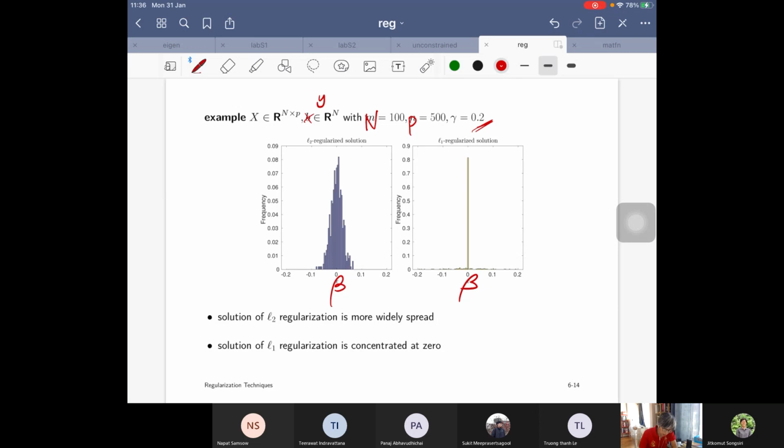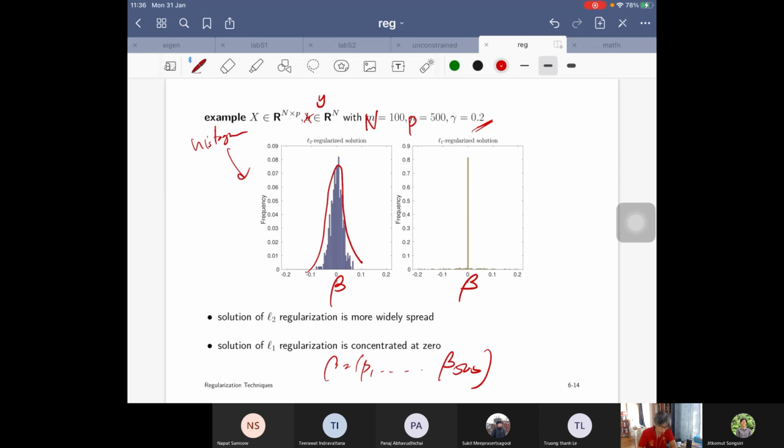Okay, now. This is a solution of L2 regularization. My beta will have beta 1 until beta 500, so I have 500 elements, and I plot the histogram. This plot is a histogram of beta. You see the distribution is widely spread.